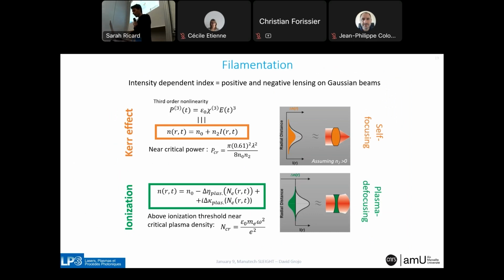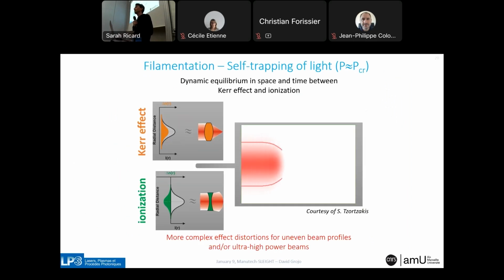So in practice, intense light, as it propagates, will tend to focus and defocus by these two effects and create equilibrium conditions, causing what people call the self-trapping of intense light. That's the filamentation. Again, when it propagates, the light tends to focus, but when the light becomes sufficiently intense, it starts to ionize the material and create a defocusing of the light.